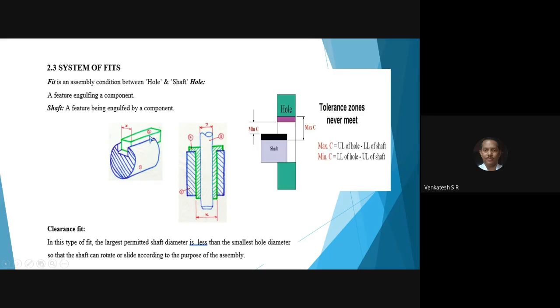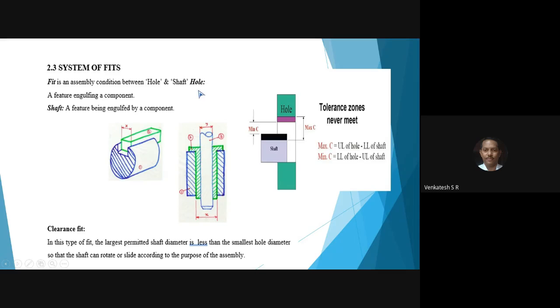Here, the key is placed in the shaft. The dimensional difference between the shaft and the key is very, very important. That is, the fit is an assembly condition between hole and shaft. Remember, a fit is an assembly condition between hole and shaft.